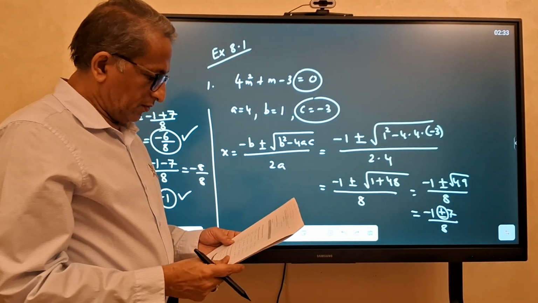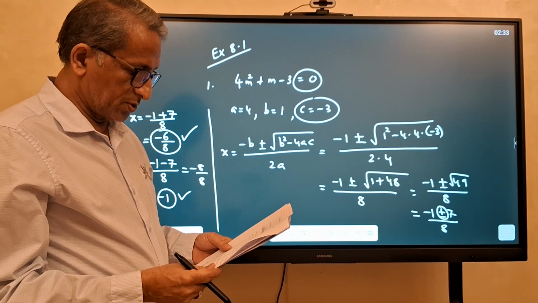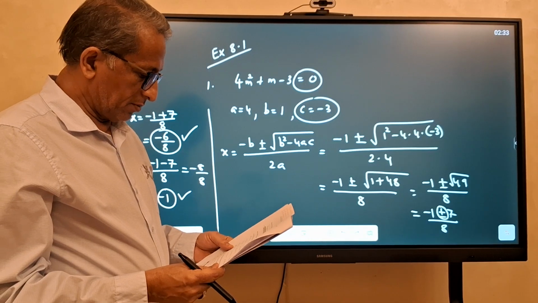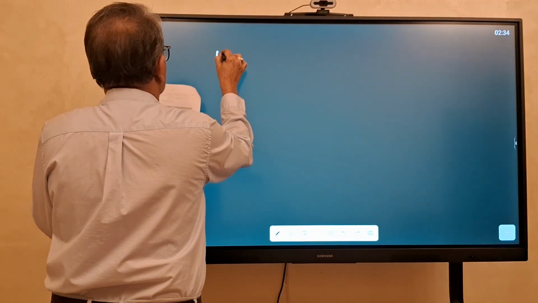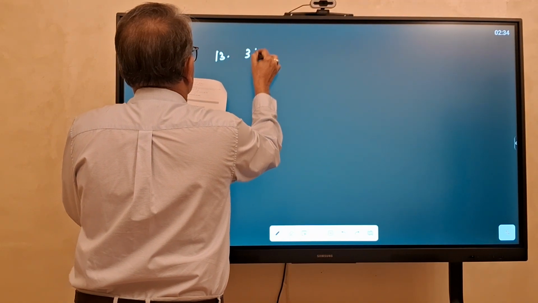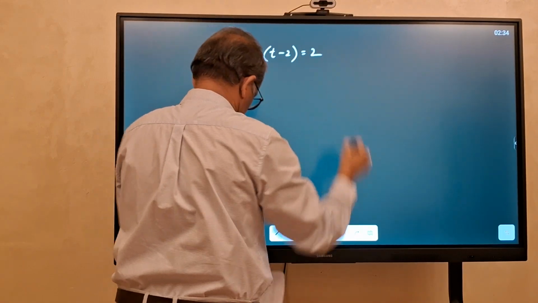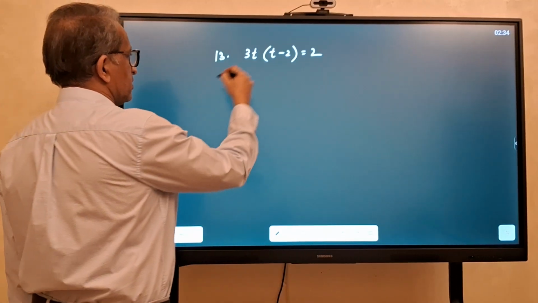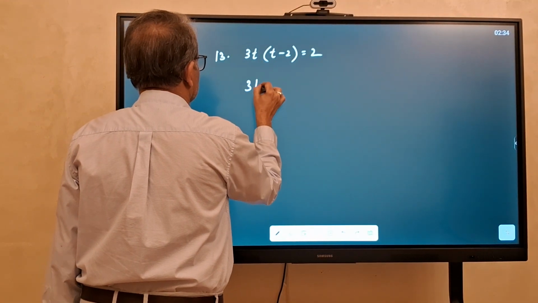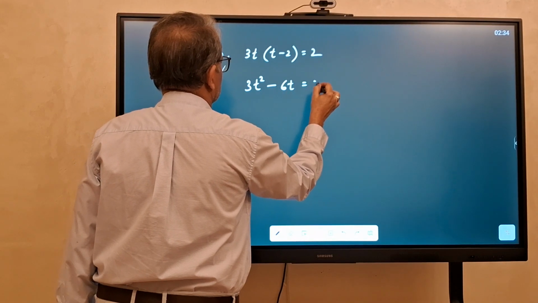You can do all the examples in exactly the same way, but especially the example number 30. Let's see. Number 30. 3t into t minus 2 equal to 2. So it is not in the standard form. First open the bracket. 3t square minus 6t equal to 2.